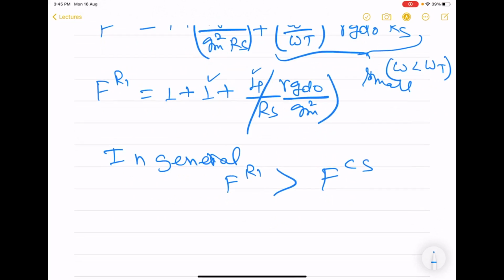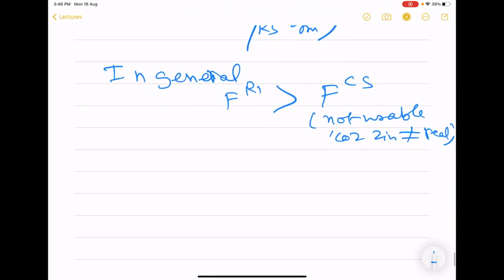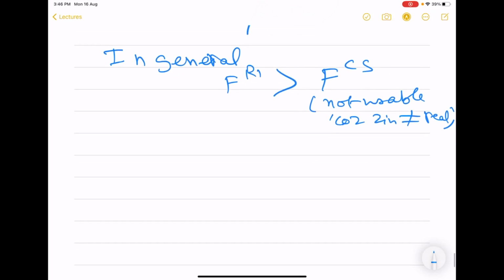But of course, this is not usable because Zn is not real. So this is the comparison with the common source.